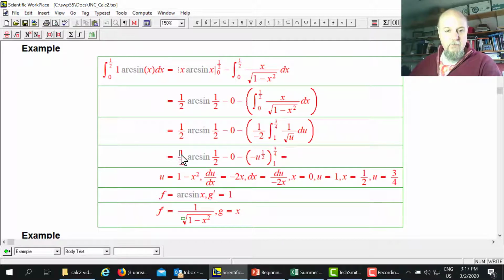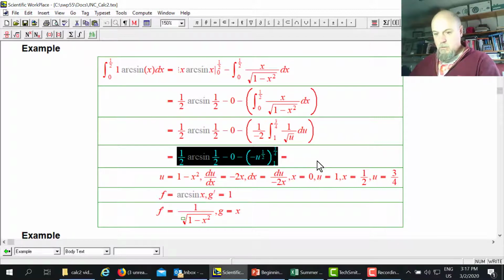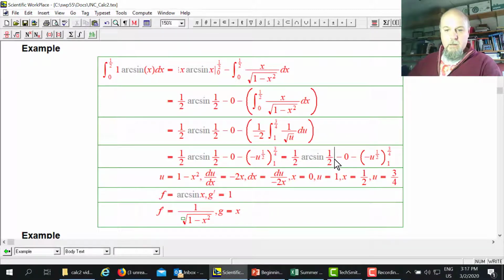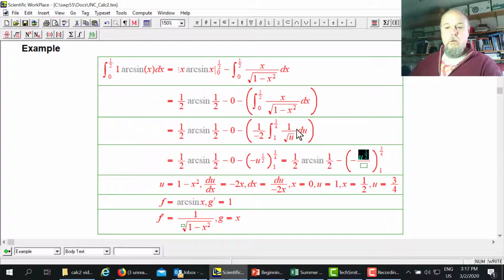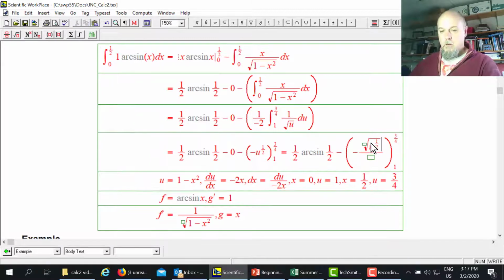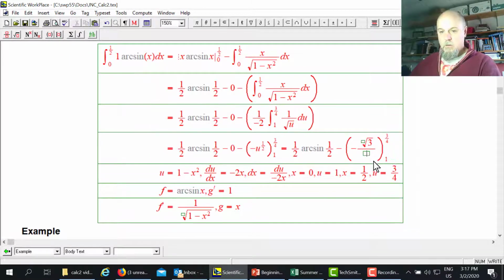I still have all of this. I'm not going to write minus 0 anymore. When I sub in, that's going to be 3/4. The square root of 3/4 is root 3 over 2. Sub in the top, minus sub in the bottom, minus a minus is a plus, square root of 1 is 1.